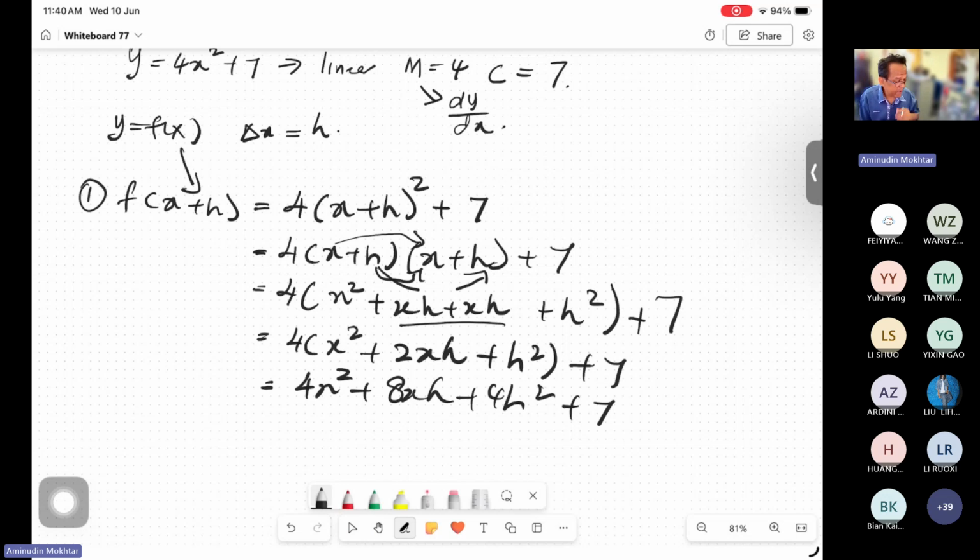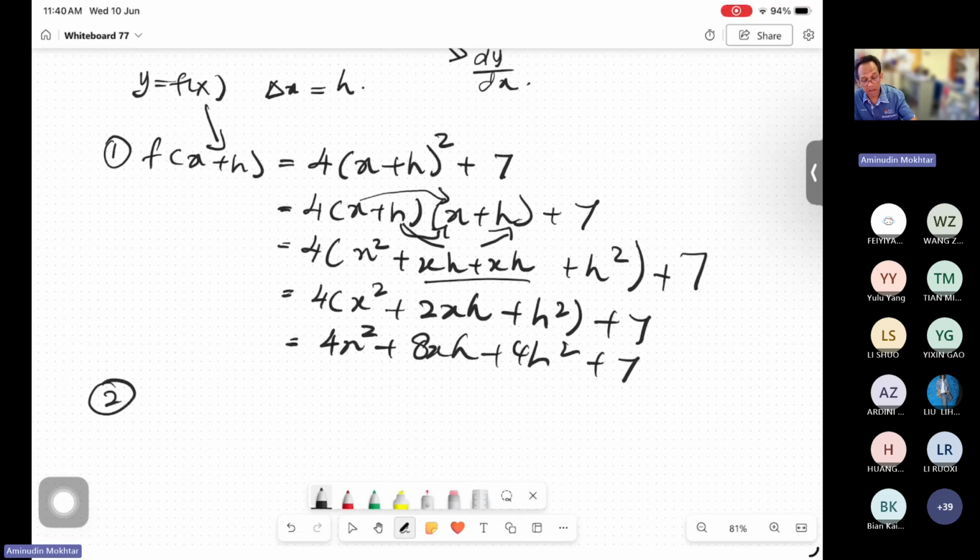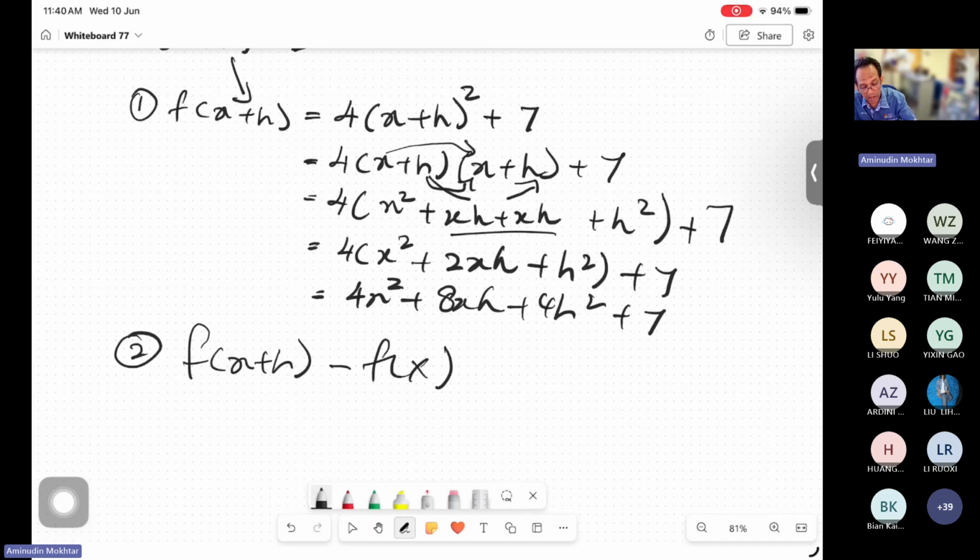Okay, the second step is to subtract, tolakkan. The second step is to subtract step 1 with the original function, the original function being f(x).